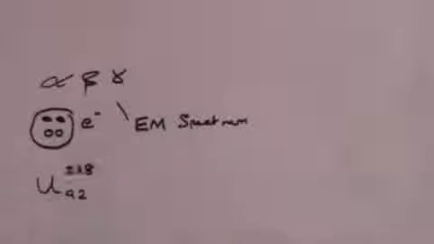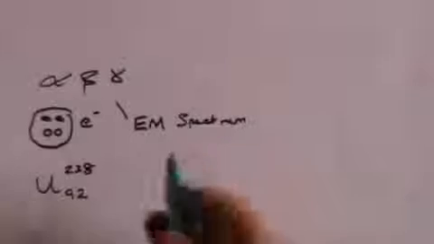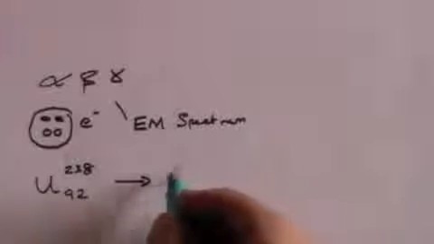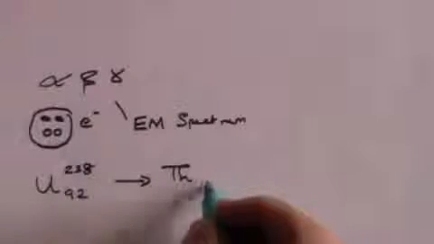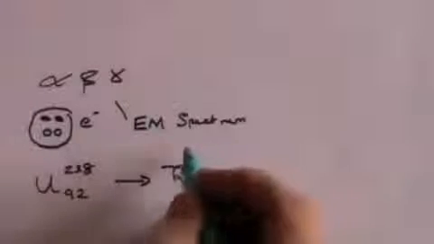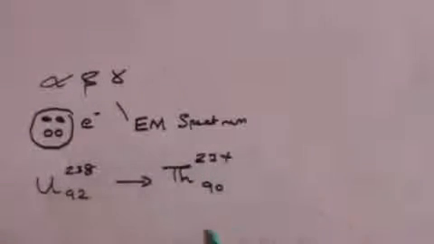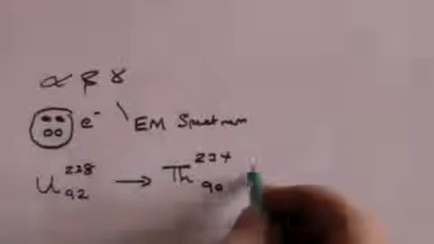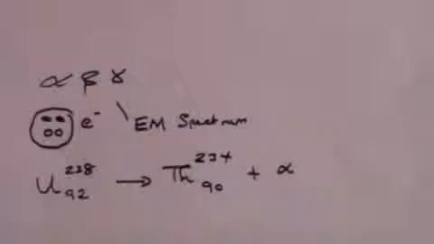So if we take uranium, which has 92 protons and a total of 238 nucleons, which means that the number of neutrons is 238 minus 92, which is 146, then that will produce thorium, which has 90 protons and 234 nucleons altogether, plus an alpha particle.